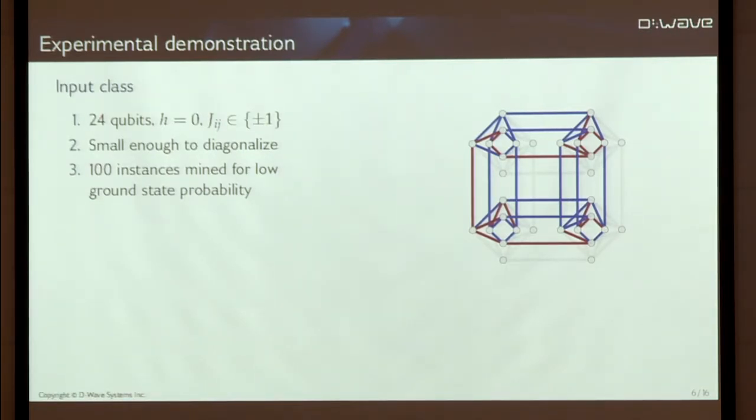Most of them have kind of 99% success probability. So we pick the ones that are kind of between 20 and 80. We pick the 100 hardest instances up to symmetry and gauge transformation and whatever. So our first order perturbation expansion is going to be based on free or floppy qubits.